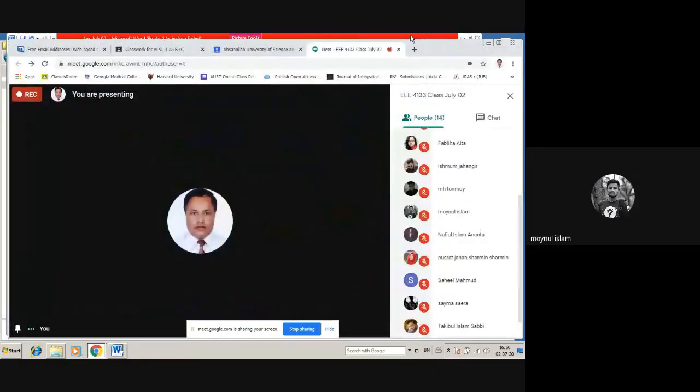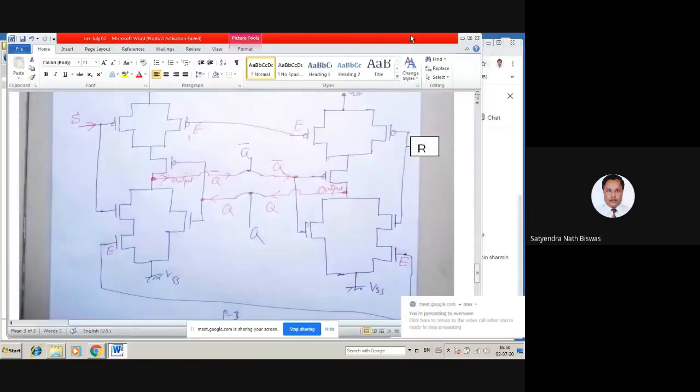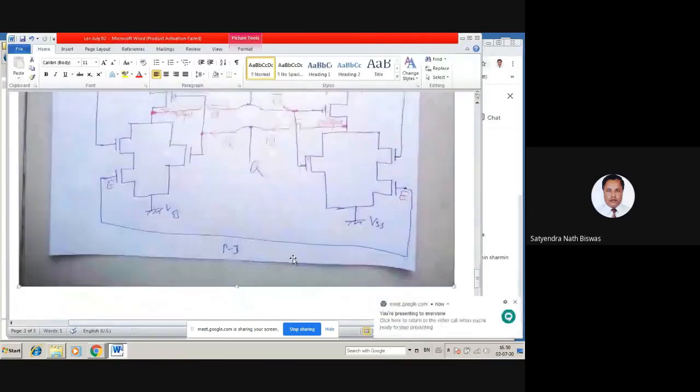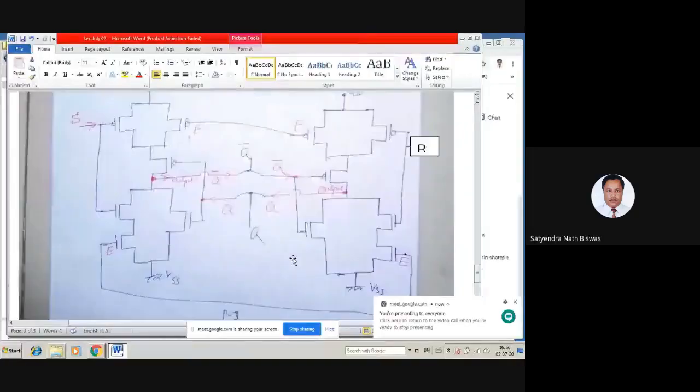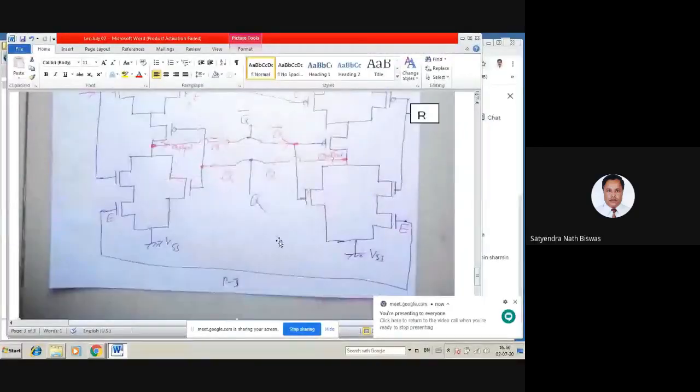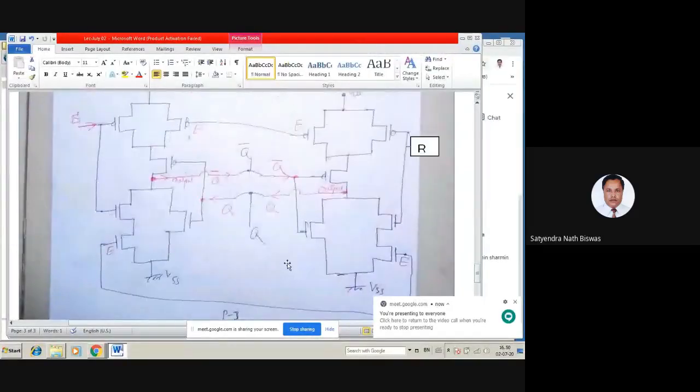Okay. Yes, sir. So this is the simple one, and one interesting thing is that in this kind of design, this circuit will always be symmetrical, right? So if you design one side, then you can design the other side as well, right?